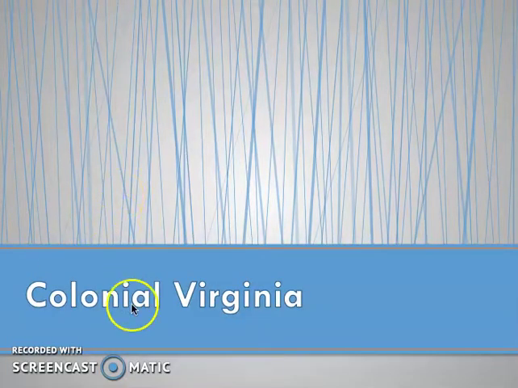Now, we're going to start off in Colonial Virginia. Colonial Virginia is very important. I want to frame your mindset as we get into Colonial Virginia. A big part of what we're going to talk about today is going to involve Jamestown. And I want to set your mind on a certain movie that we usually watch in class, but since we're digital, we're not going to be able to watch it, and that's Pocahontas.